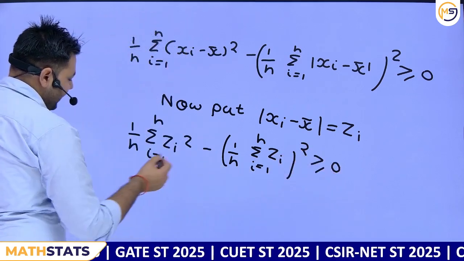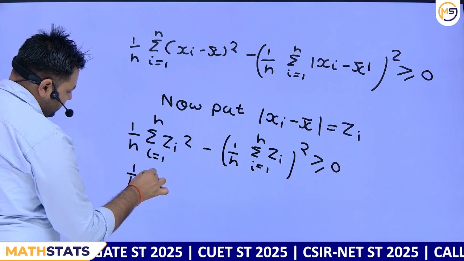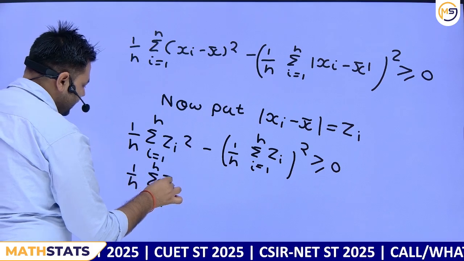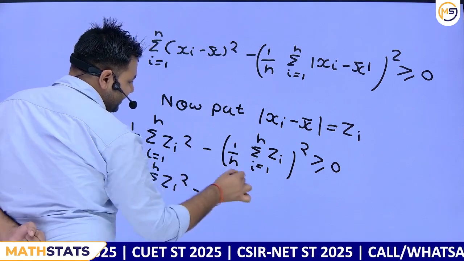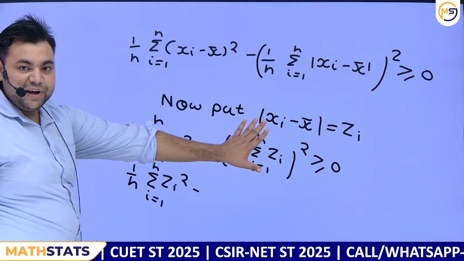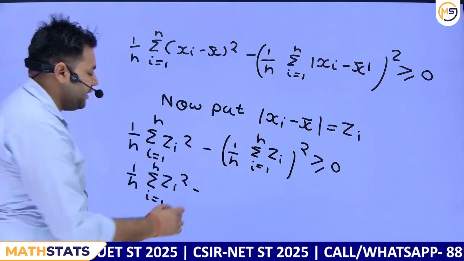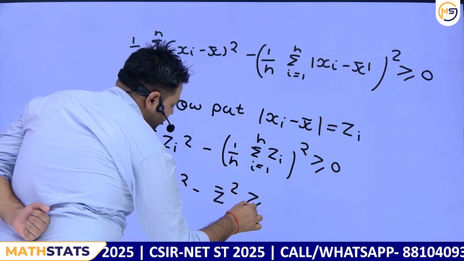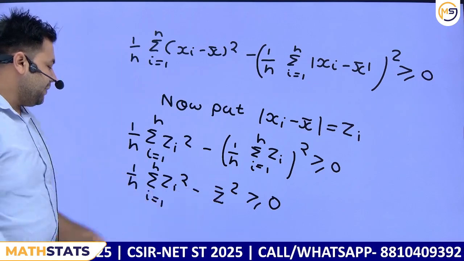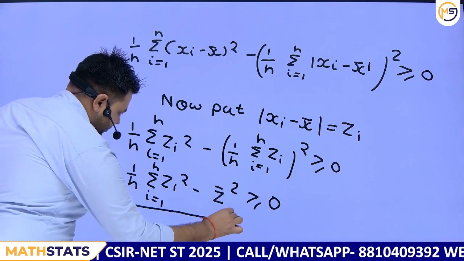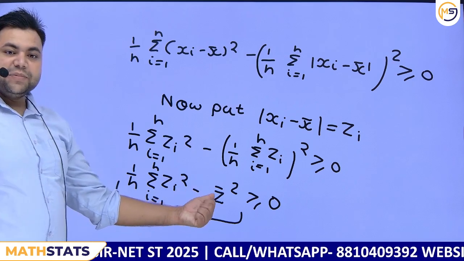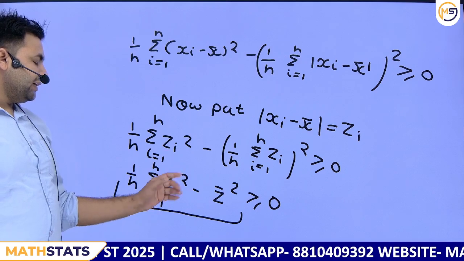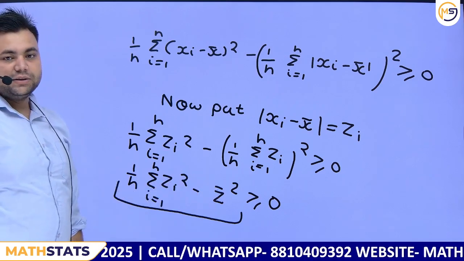So this is equal to 1 upon n summation zi square minus z bar square, where z bar is the mean of z. What is the value of this formula?